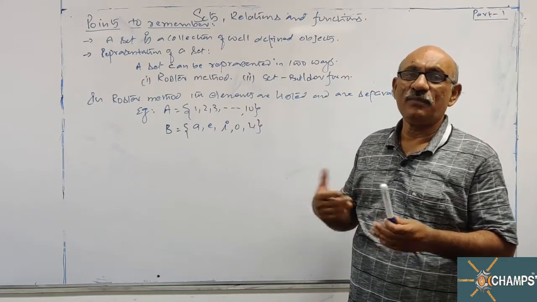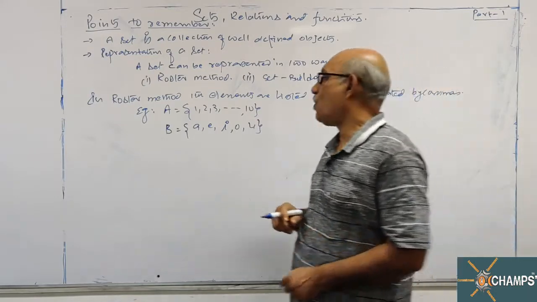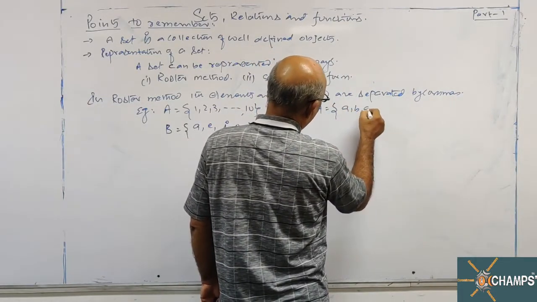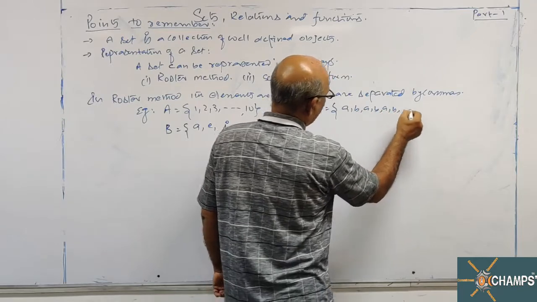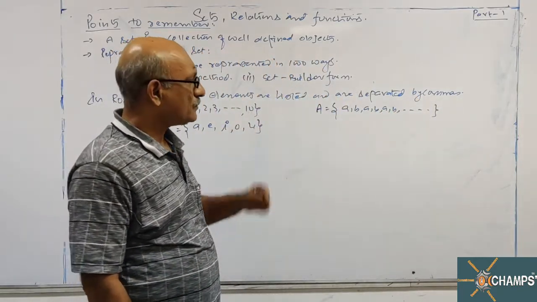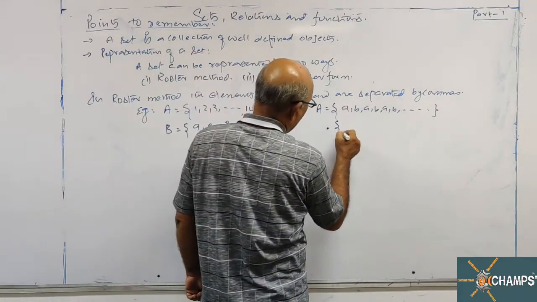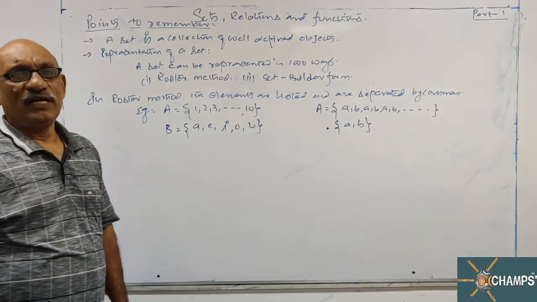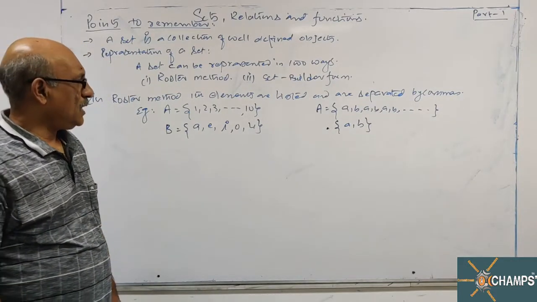And second one, repetition has no significance. What does it mean actually? If I have a set A comma B, A comma B, A comma B, etc. Even if you write it up to infinity, it is treated as a set having only two elements, A comma B. Repetition has no significance.